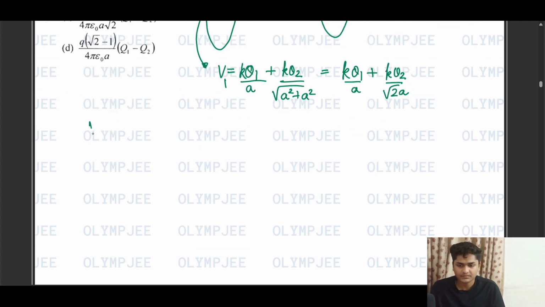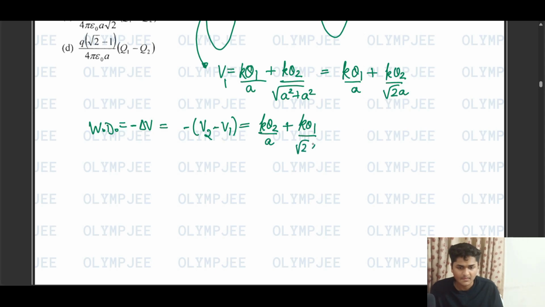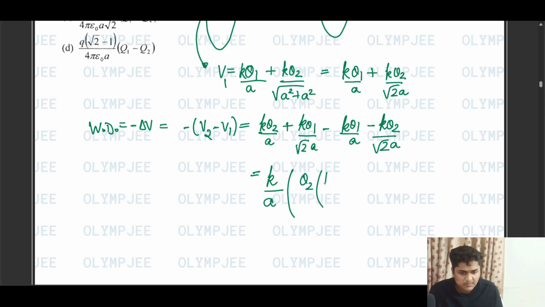So work done would be minus of change in potential, so this would be written as, this we can write as k by a, Q2 times 1 minus 1 by root 2, minus Q1 times 1 minus 1 by root 2.